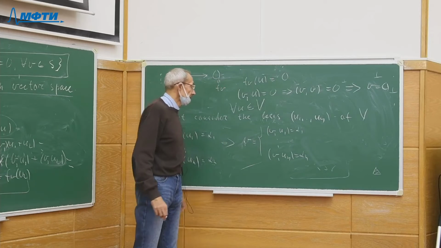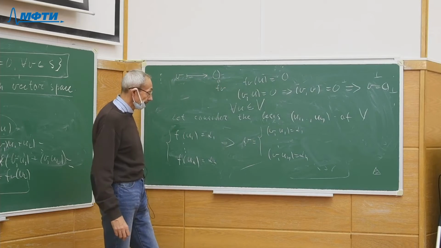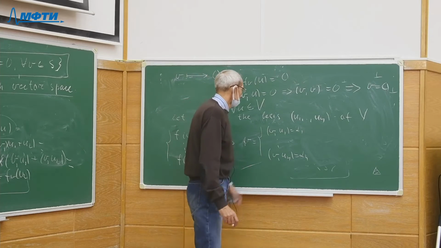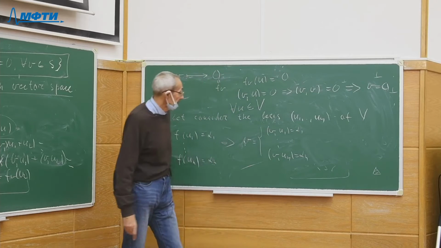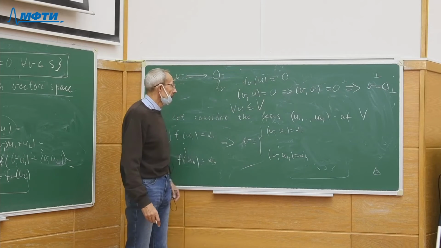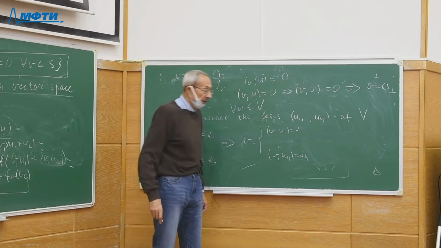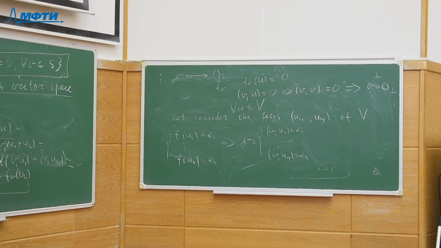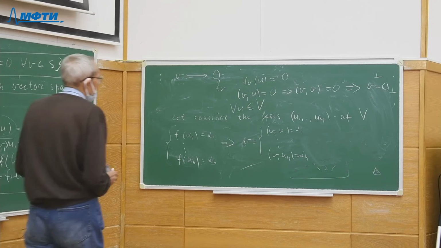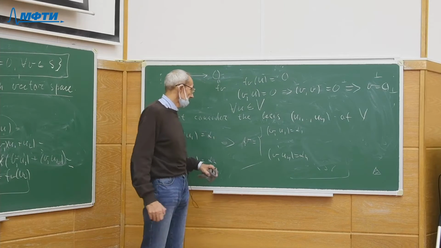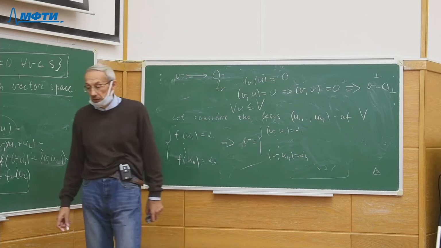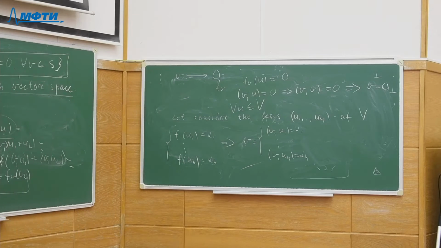This linear system has a uniquely defined solution because this linear equation can be uniquely solved. Later we will consider this assertion in detail, and I will give a simpler proof of this fact.